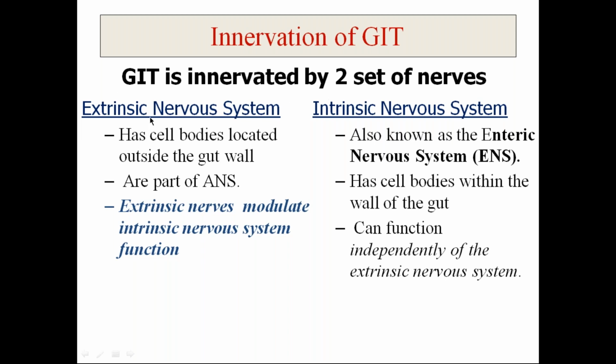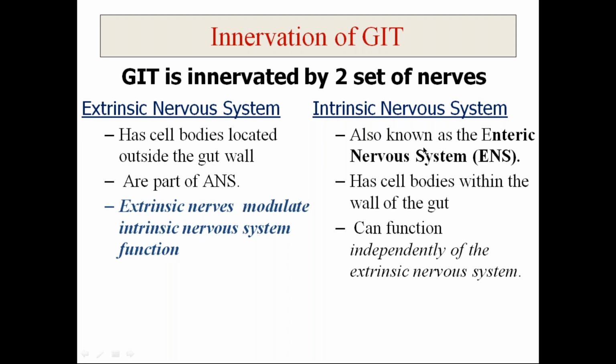One is known as the extrinsic nervous system. Another one is known as the intrinsic nervous system. तो nerve supply GIT की दो nerve types of nerve से होती है. एक जिसकी cell body GIT के बाहर होती है, which is located outside the gut wall. It is extrinsic to that gut wall, so it is known as extrinsic nervous system.